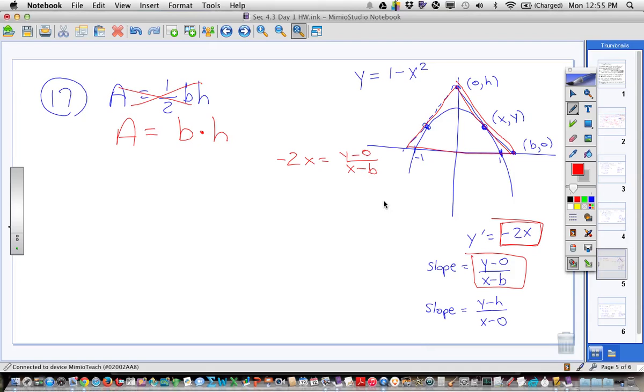Now, I should have done something that I mentioned a while back. I shouldn't have y in there. I should have made this point x, 1 minus x squared, because we know that y is equal to 1 minus x squared. So let me do that now. So I had negative 2x equals 1 minus x squared minus 0 over x minus b. Okay?